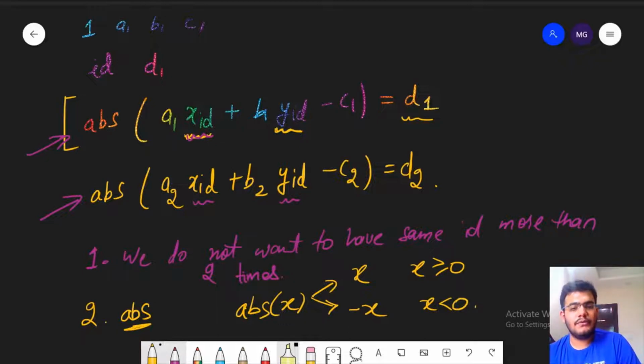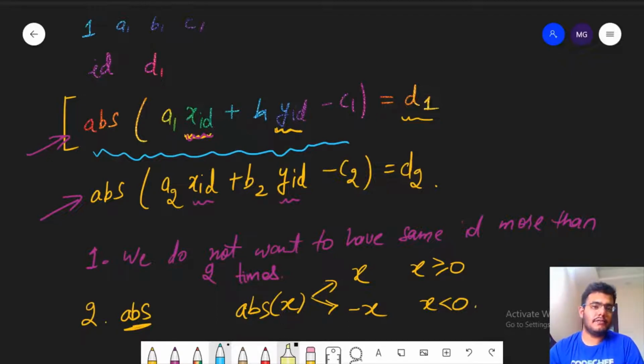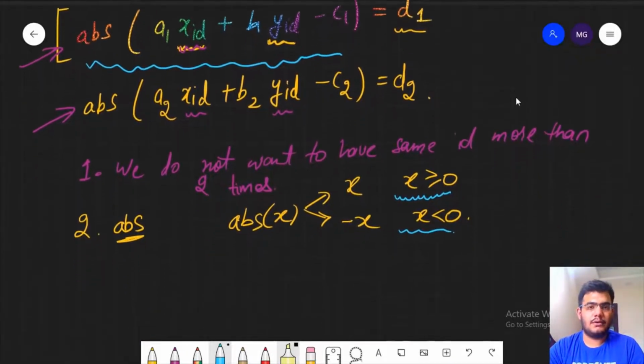So how do we get to know whether we will open this absolute value as x or the negative of this term? We need to know this inequality, that either this term should be greater than or equal to 0 or it should be less than 0. Let us see how we can do this.